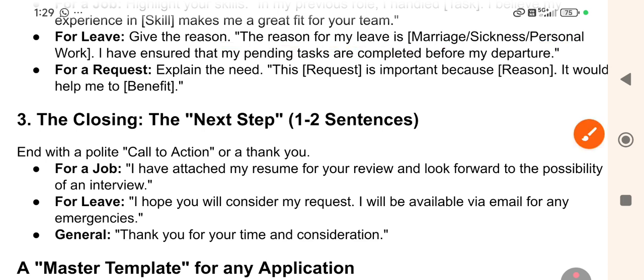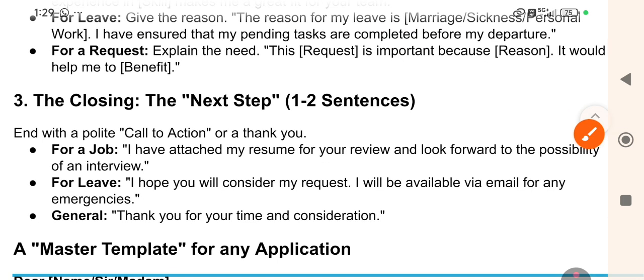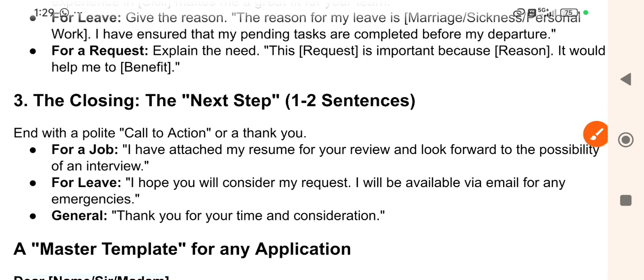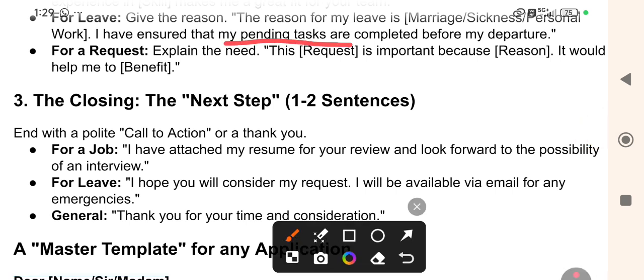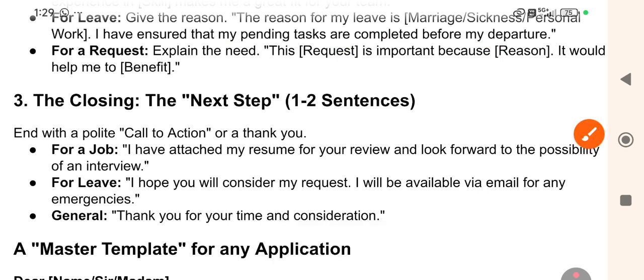And then I have ensured that my pending tasks are completed, because you can't go for leave abruptly. You have to complete your tasks, right? So tasks are completed before my departure. I have ensured that means before leaving I will complete my pending jobs.